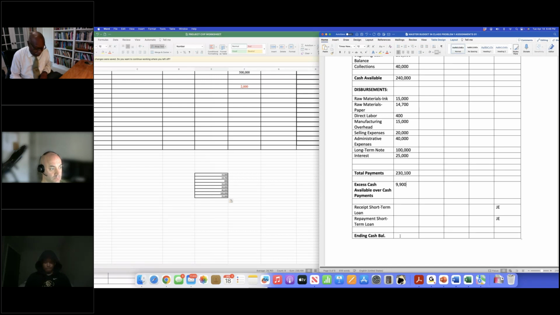Do we have to have an ending 100,000? Gotta have 100,000. So we're going to need 109. I don't think so. We already have an excess of 9,900. Do we subtract the 9,900 from the 100,000? Probably would. Gotta have an ending cash balance of 100,000. So that 90,100 we borrow. Okay, so we subtract. Okay.